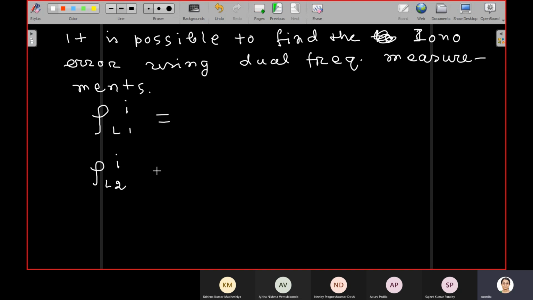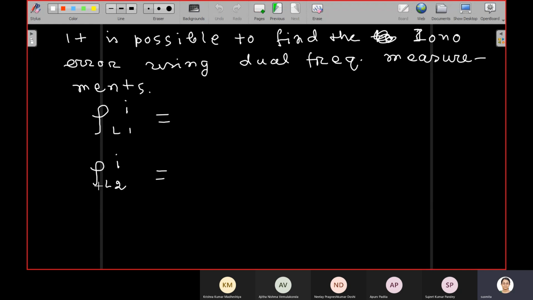So we want to write the expressions of the pseudo range measurements, dual frequency, two carrier frequencies we have considered. So in this case, pseudo range is derived from the code. In this case, the code modulates the carrier in the L1 band.